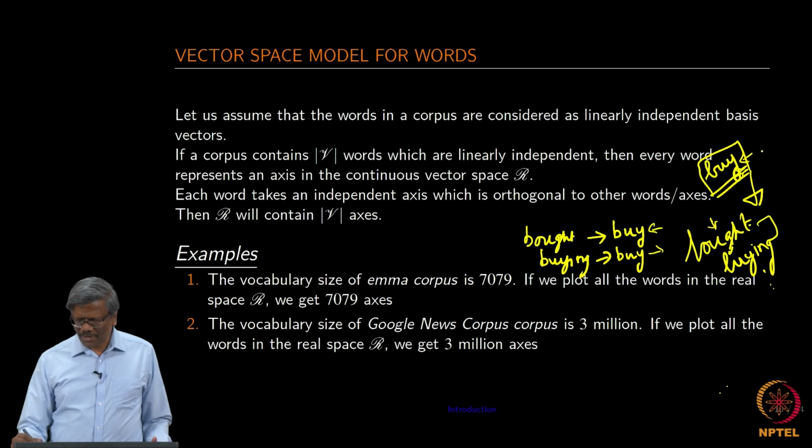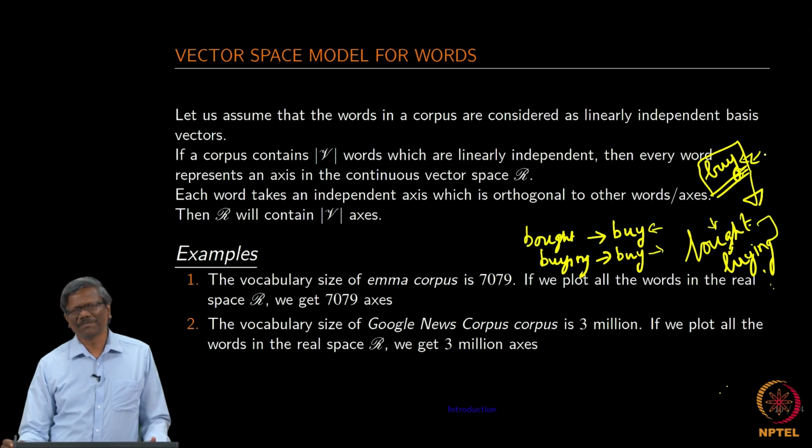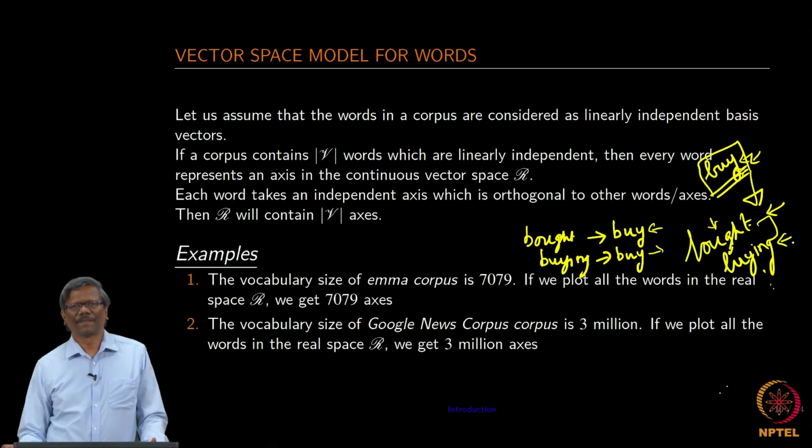Once we do that, it is possible to list all the documents that not only contain this word buy, but also list all the documents that contain the words bought and buying, correct.